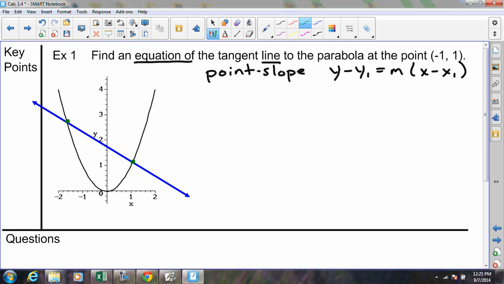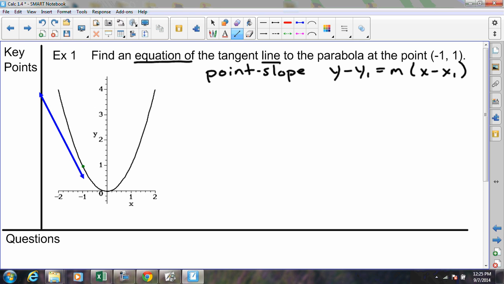From those 2 points, I can figure out rise and run to get my slope, and I could use one of those points to get the equation. But specifically, we were asked to find the equation of the line tangent to the parabola at this point, -1, 1. So at that point, we should have it come and glance just barely off.